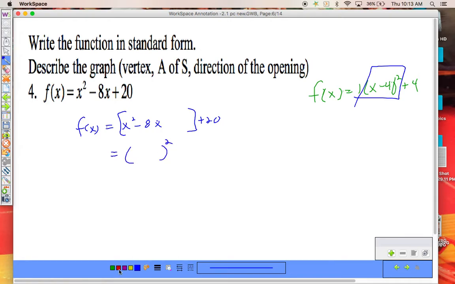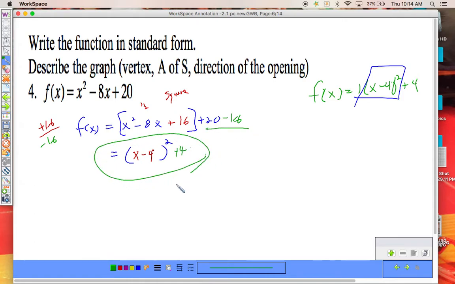To complete the square, I'm going to take half of my middle term, x minus 4, square it, you get plus 16, and I also have to put a 16 on the other side. What you do to one side, you do to the other. Now to bring it back, I'm going to subtract the 16, we get a positive 4.